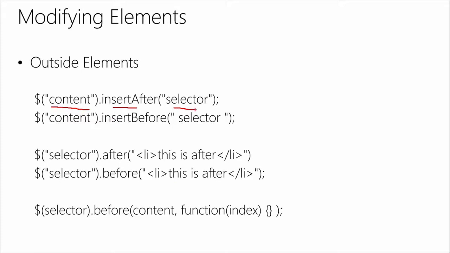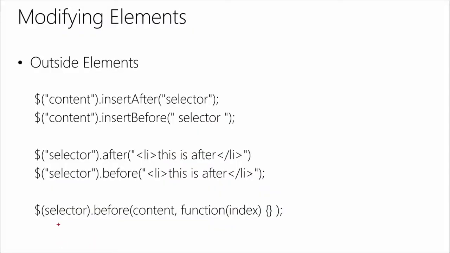All right, so I could do that. Or I can do the syntax that I like better here at the bottom, which is the selector and then after, and then push the content onto it. Or before, right? After or before, either of them. And you'll see basically it works very similarly to that of the append and prepend, except that the elements here go on the outside instead of on the inside.